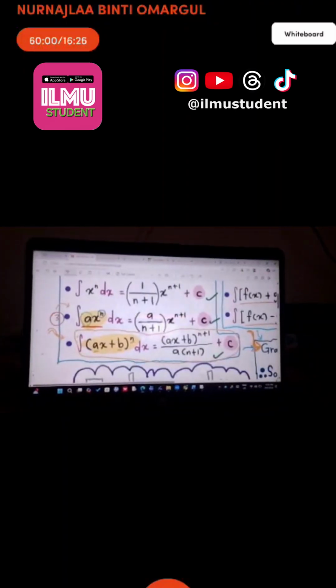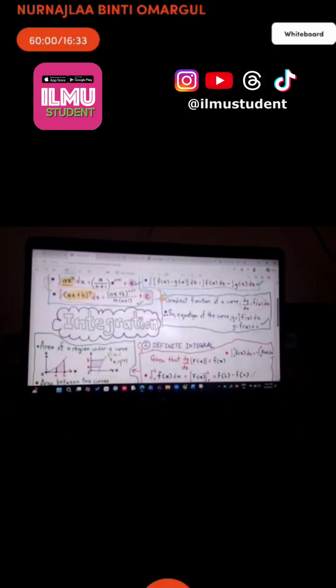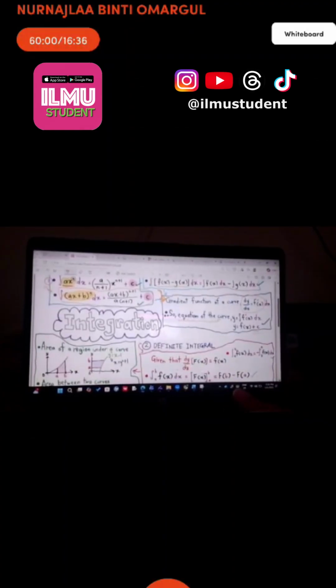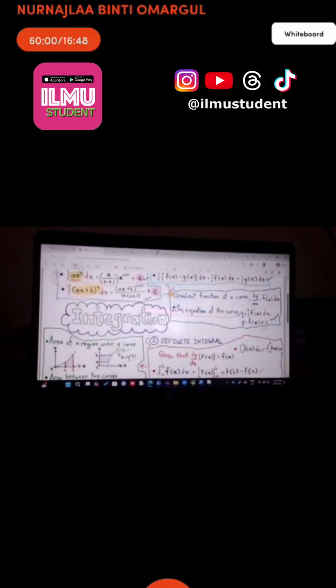Like what I said before, let us refer back to our notes over here, our mind map. Integration is also used to find the equation of the curve on the basis of the gradient function of a curve. All right, so what are we going to do?